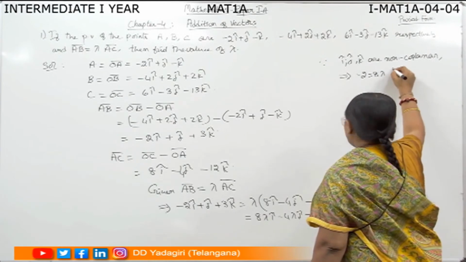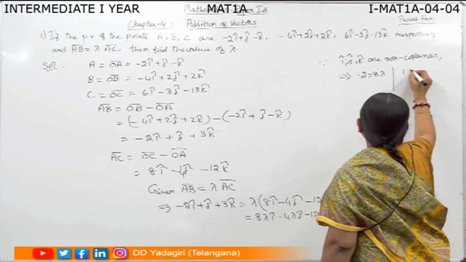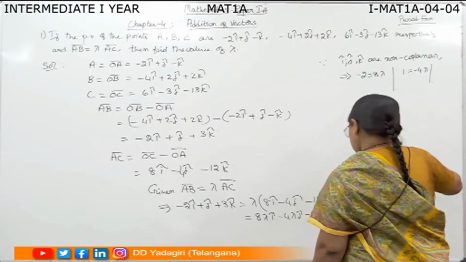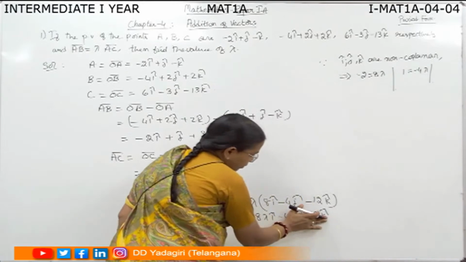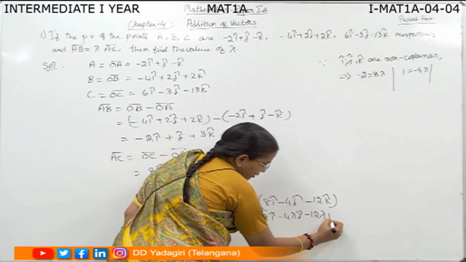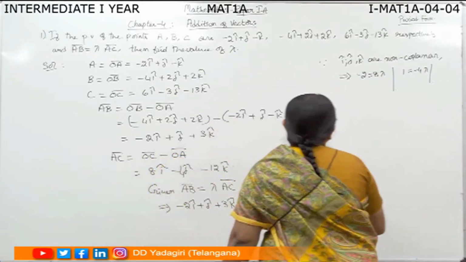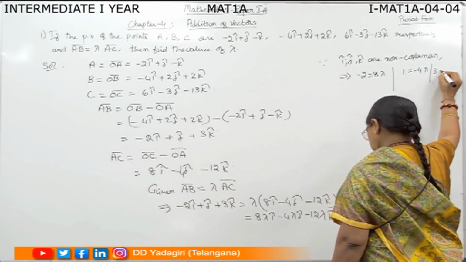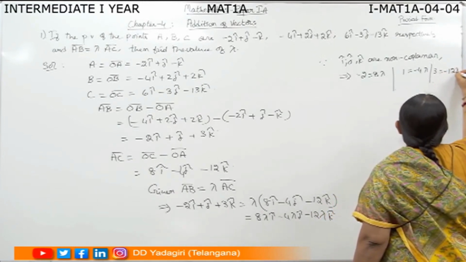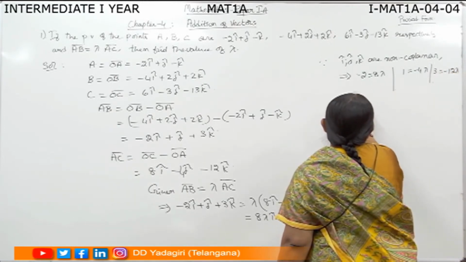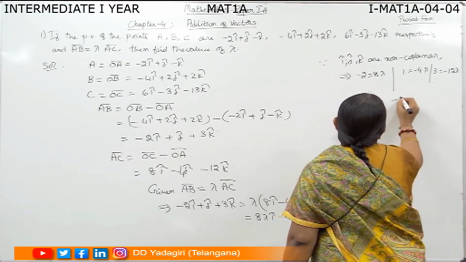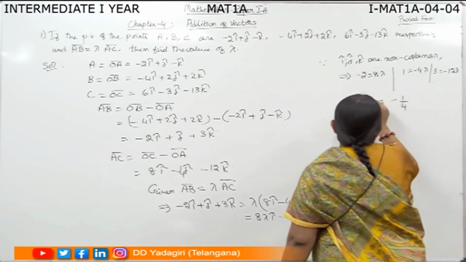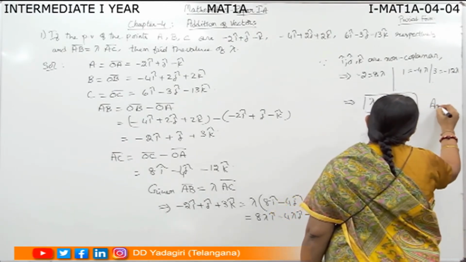You can take any one, or you can take 1 is equal to minus 4 lambda, or 3 is equal to minus 12 lambda. Any one is enough. From all three equations you will get lambda as equal to minus 1 by 4. So this is your answer.